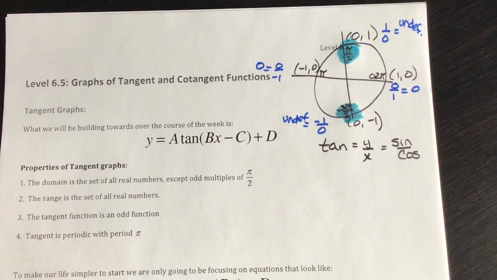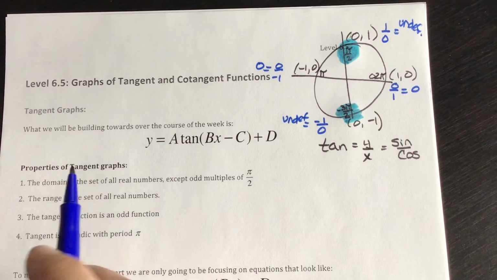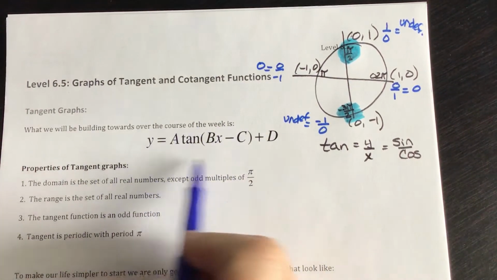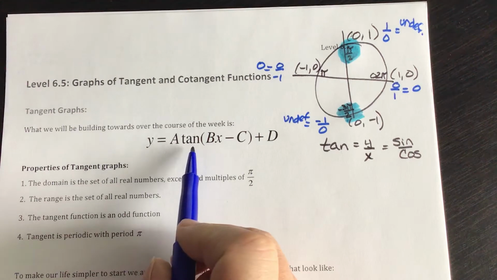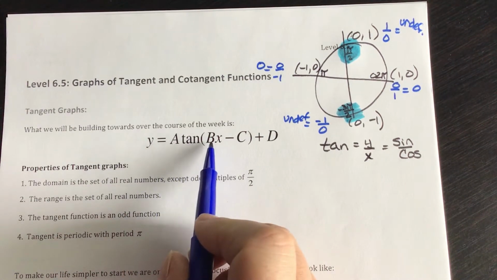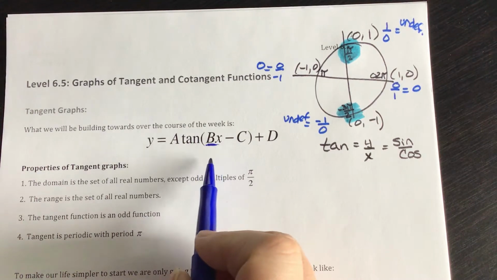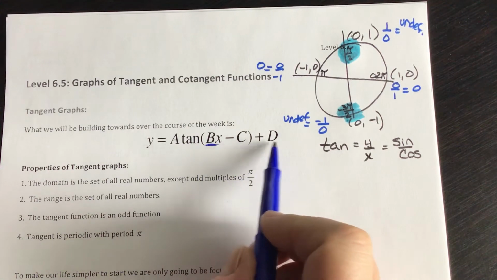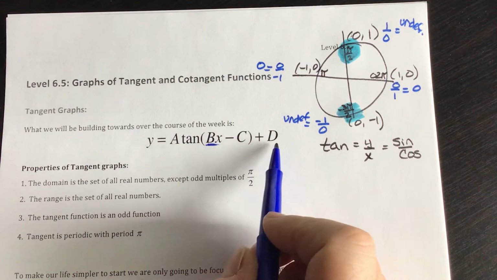So if I look at some properties of the tangent graph, and this is just the function form, we're going to look at a tangent graph. A is still the amplitude, B affects the period, and C and D are just horizontal and vertical shifts.